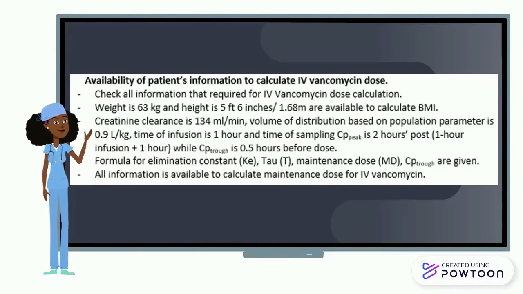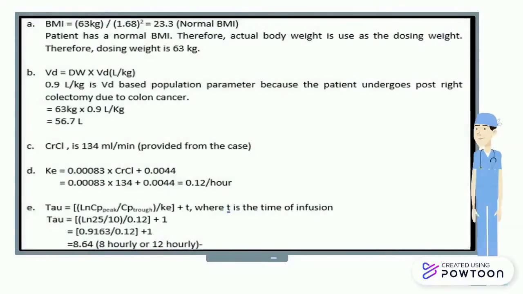Regarding the availability of patient's information, use all the information given to calculate the dose. So how do we calculate the dose for intravenous vancomycin? First, we need to calculate the patient's BMI, and after calculating, it turns out that the patient's BMI is normal.